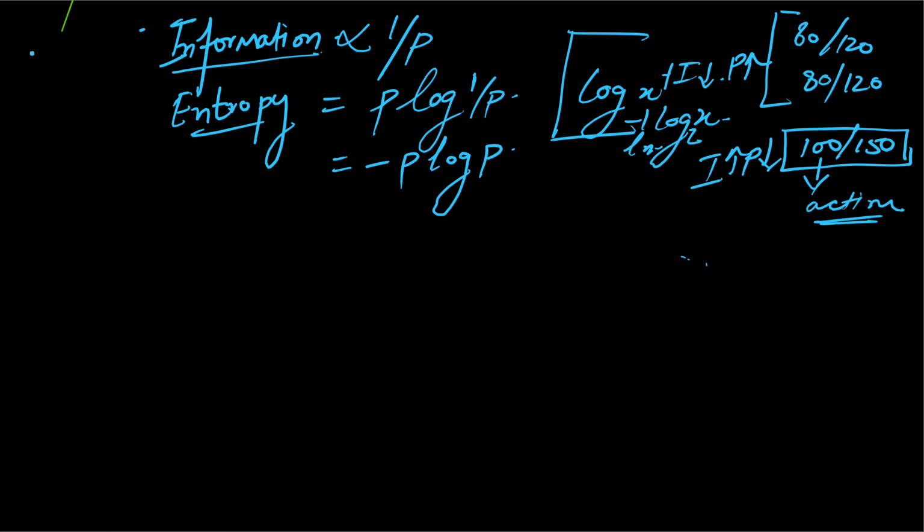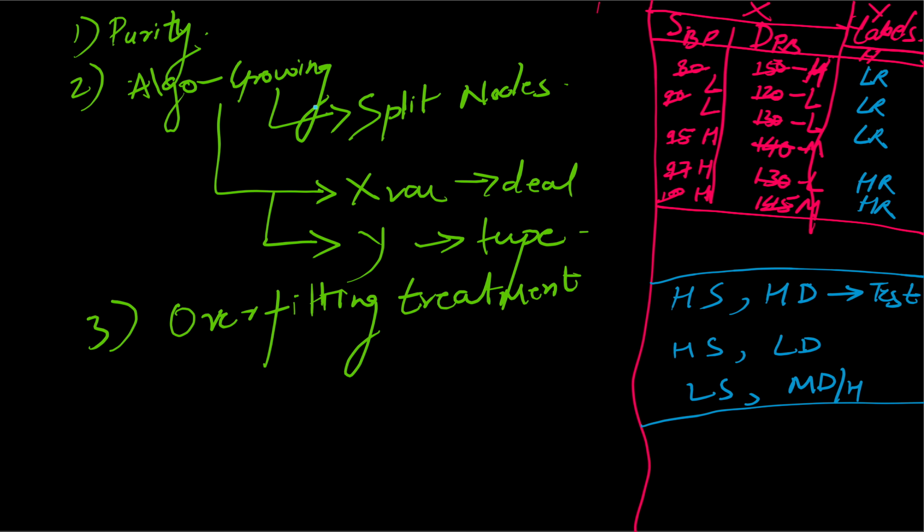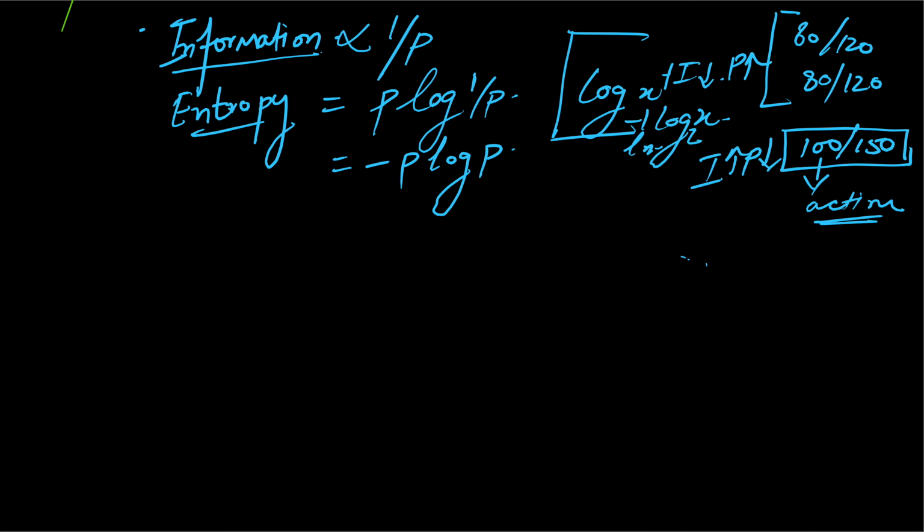Now in the initial data that we had, let's see what the entropy of this is. If I'm taking my y variables, there are 3 conditions which were low risk in the whole data and 2 conditions which are high risk. Out of 5 data points, I have 3 which are low risk and 2 which are high risk.